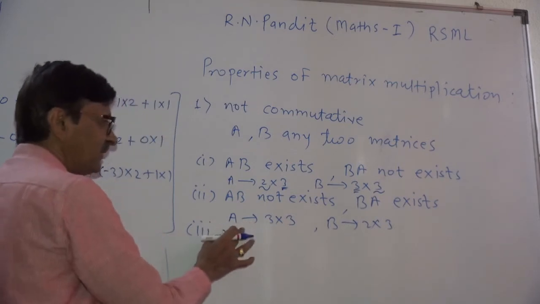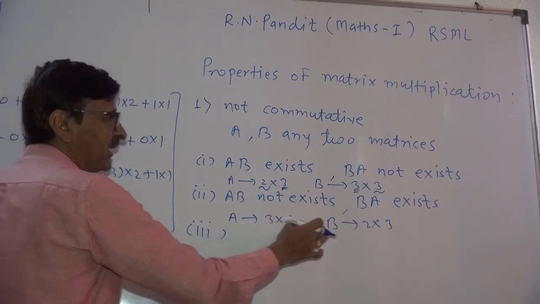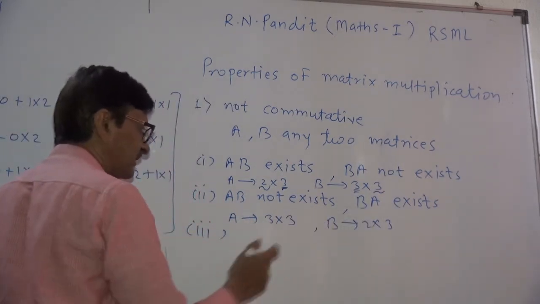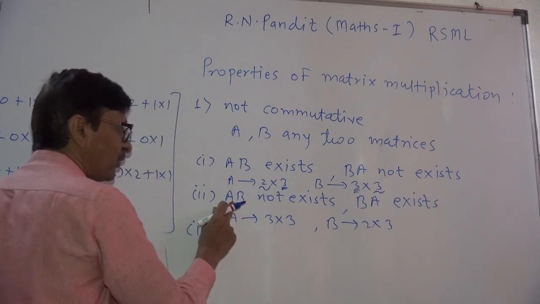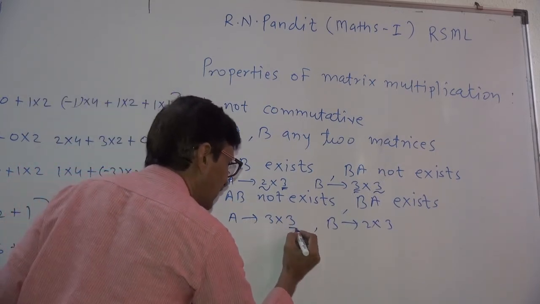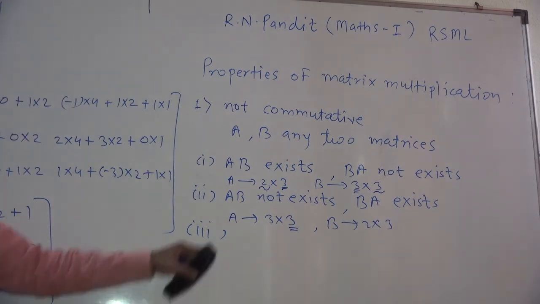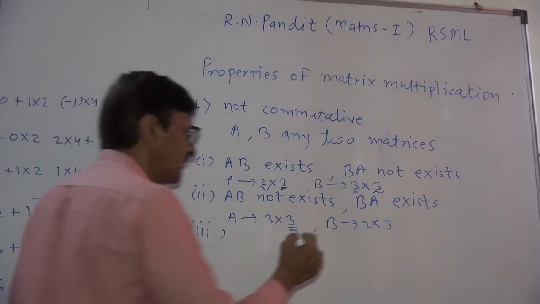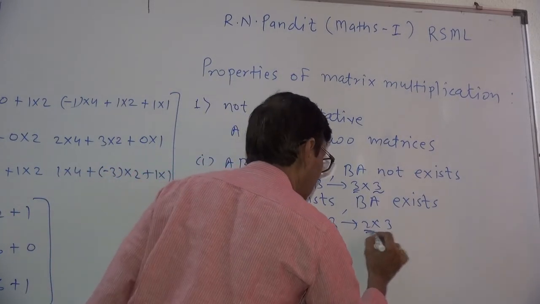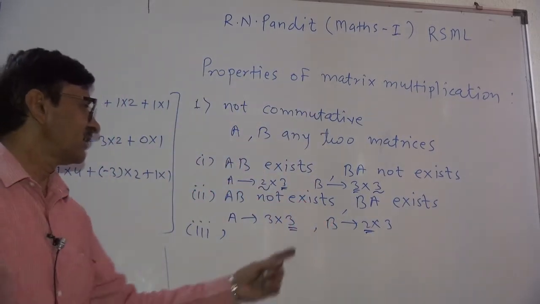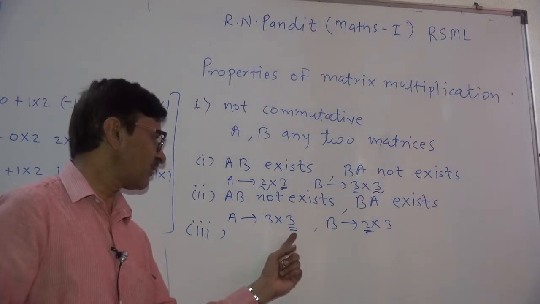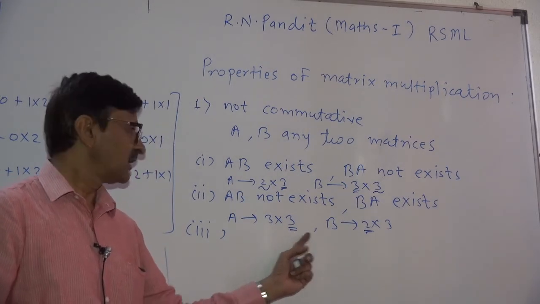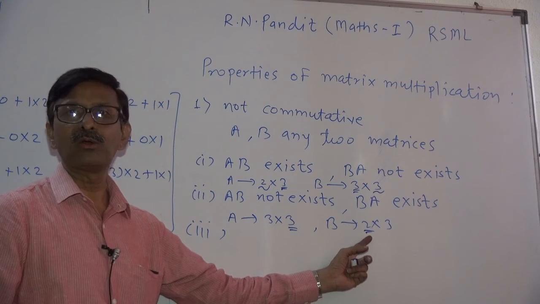Now here if A is of order 3 by 3 and B is having order 2 by 3. So to obtain product AB, check the condition, number of columns in prefactor must be equal to number of rows in post factor. Now B is the post factor, condition is not satisfied, number of columns in A 3, number of rows in B 2.